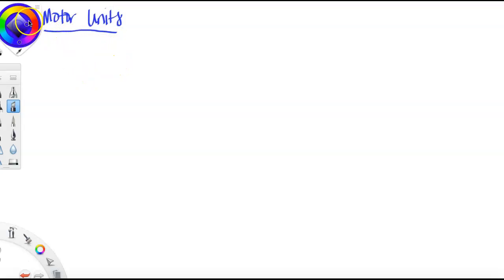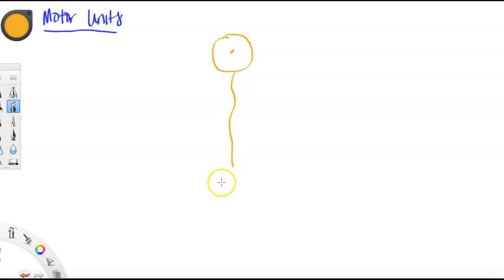So if we have a neuron, here's my little neuron, here's my little axon. And remember, the axon terminal will branch out to various different axon terminals.